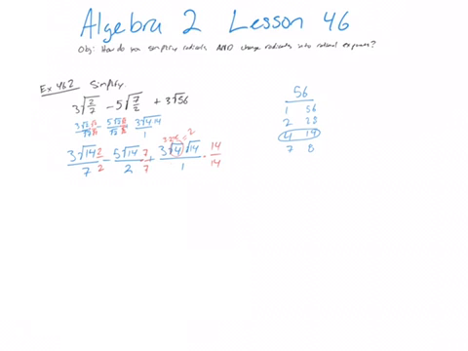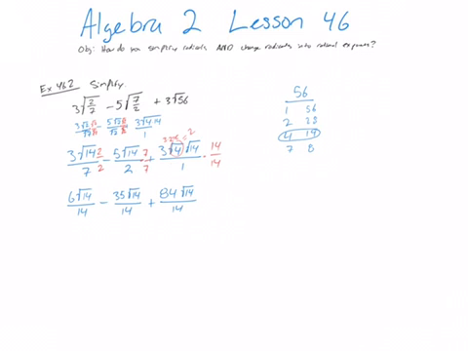So then I'm going to end up with 6 square roots of 14 over 14 minus 35 square roots of 14 over 14 plus 84 square roots of 14 over 14.